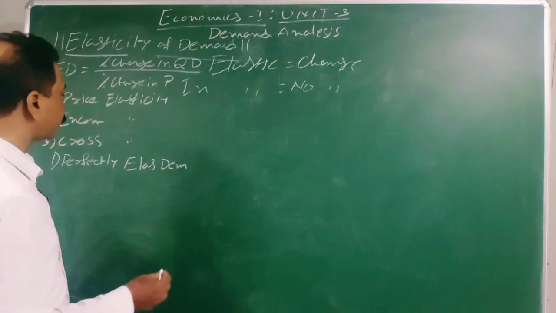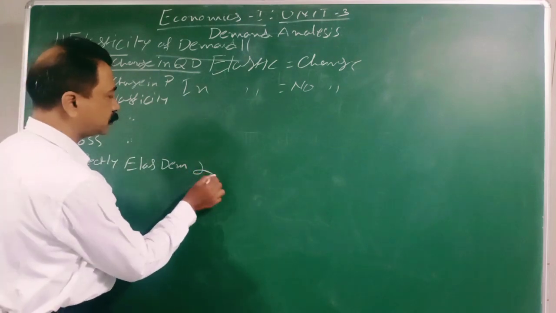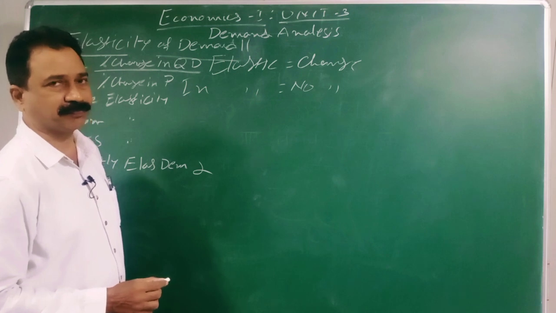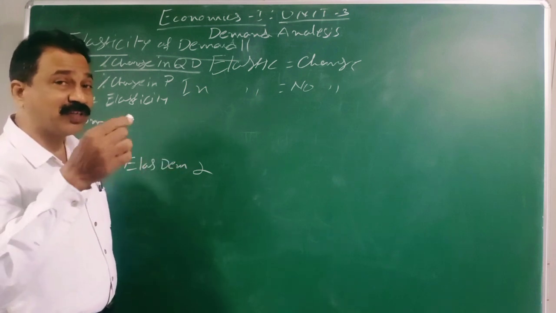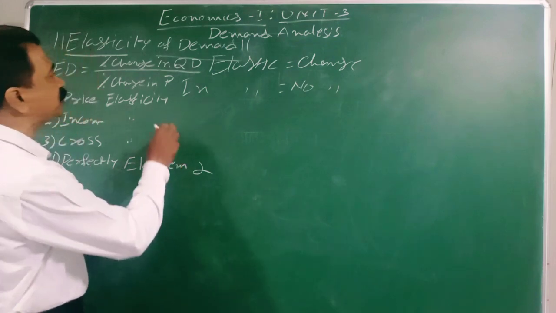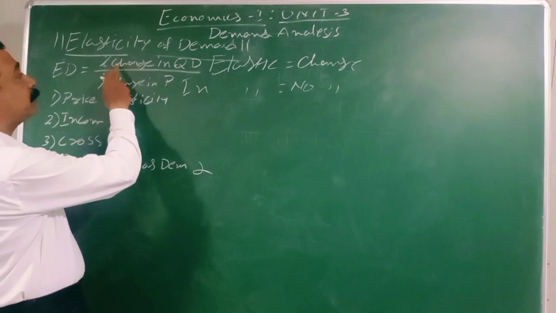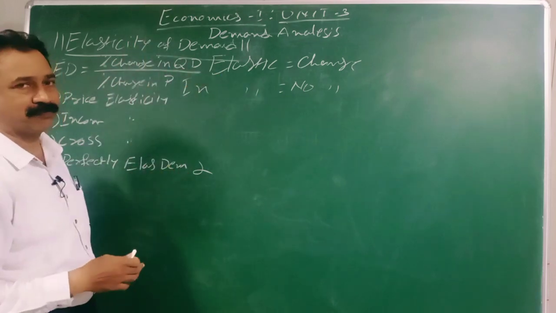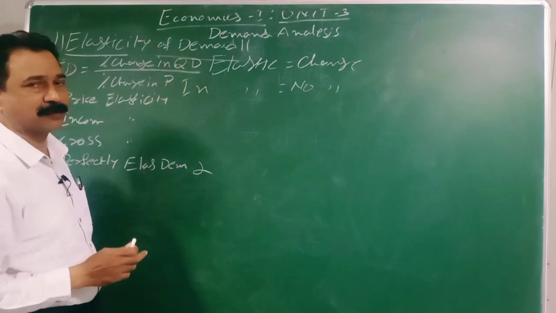Okay? Perfectly elastic demand is generally represented by alpha, infinite. Without any control, it is all of a sudden increasing without any change in the price. There is no change in the price, but the percentage change in the quantity demanded goes on increasing or decreasing. Now this is the point. It may even decrease.